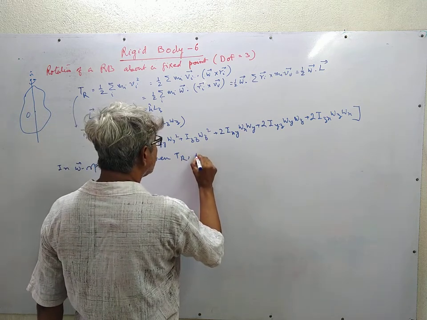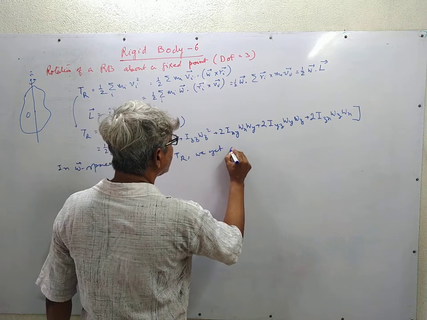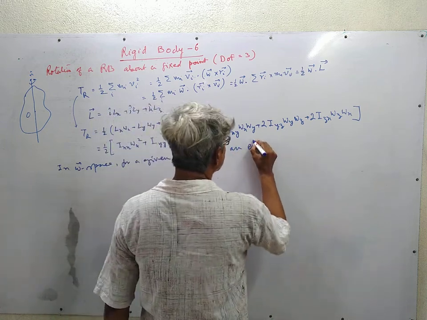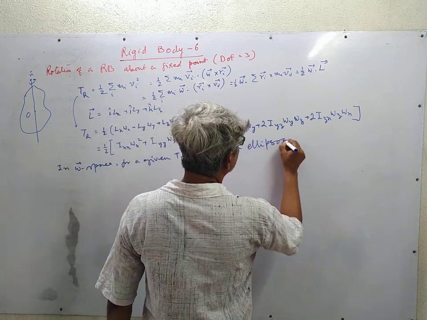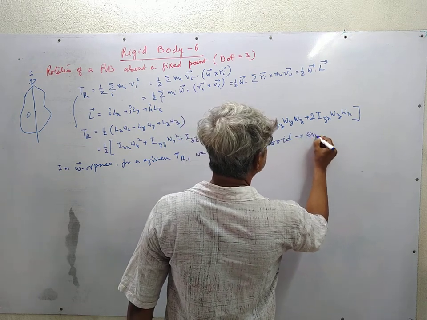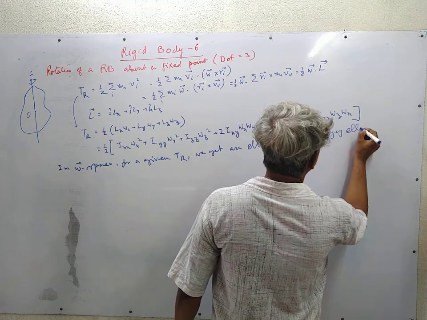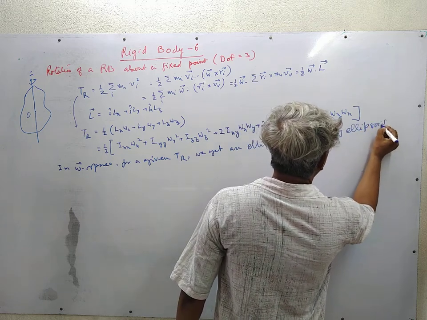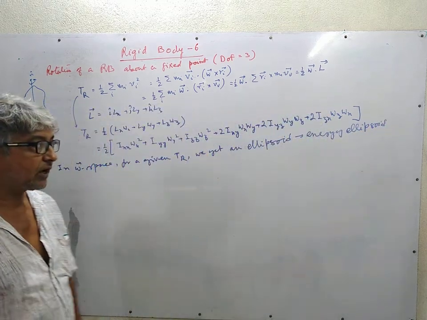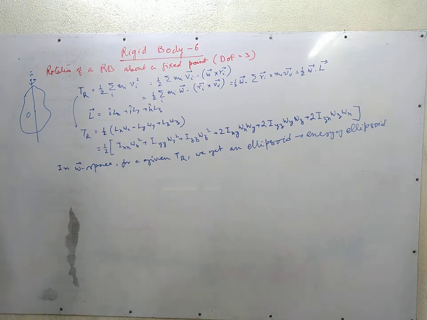This we get, an ellipsoid called the energy ellipsoid. Because for a given value of the kinetic energy, we have a fixed ellipsoid, and the size of the ellipsoid, or the volume of the ellipsoid, increases with increasing kinetic energy.